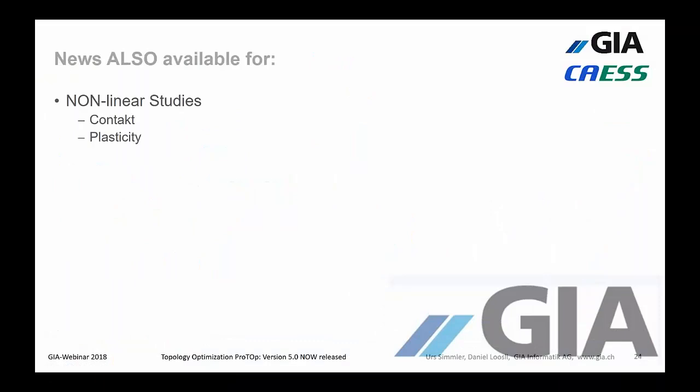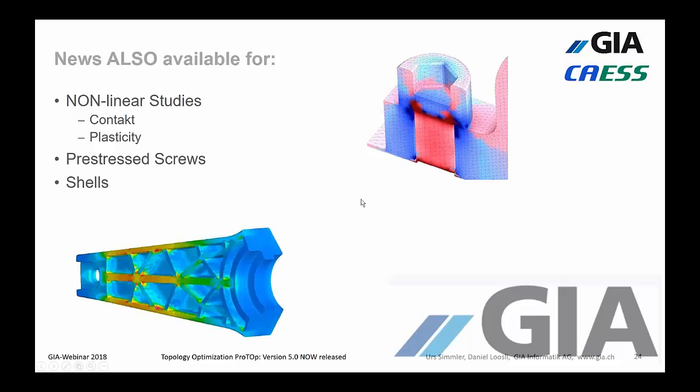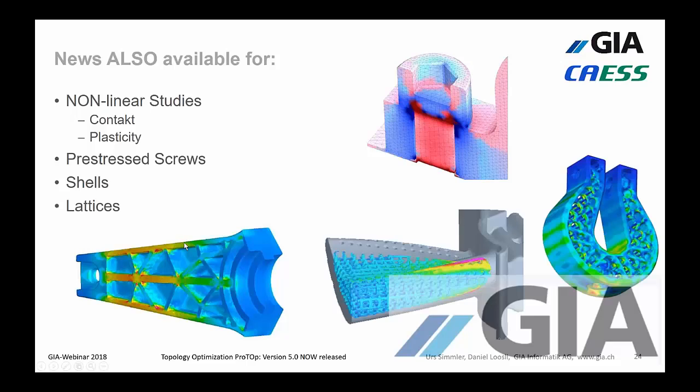So last information, all these capabilities we saw right now in version 5.0 can be combined with non-linear studies like contact behavior, like plasticity. You can even work with pre-stressed screws, and we saw the capability of working with shells and lattices in order to optimize.